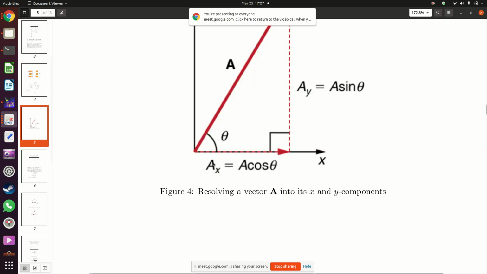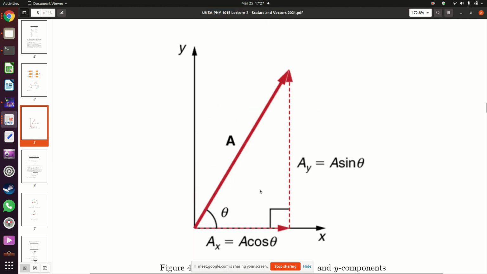So this is Ax. So Ax is equal to A cos theta. The same thing applies with Ay. We know that Ay is pointing up and it has got a certain length. So how much it is here, this side? A sin theta. You can move it because it has got a certain size and direction. You can move it from along the y-axis where this one lies. You can bring it here.